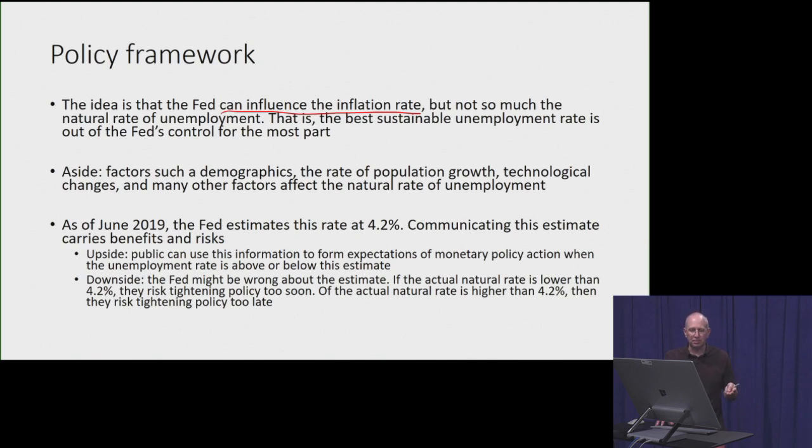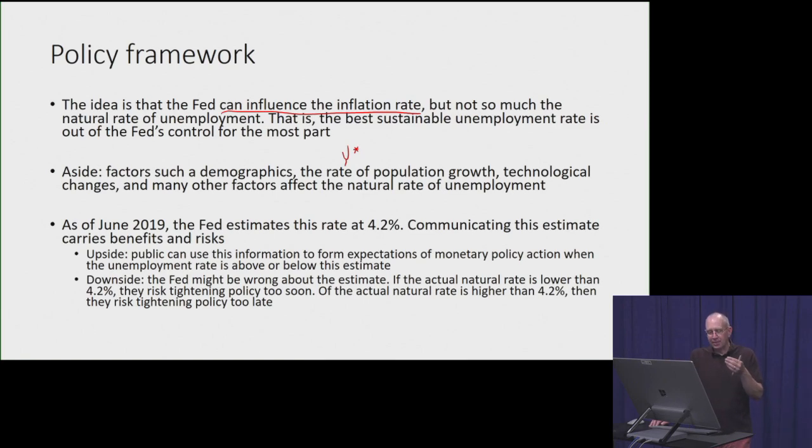So for example, what we're talking about here would be sort of Y star in the aggregate demand aggregate supply model. In other words, the maximum sustainable level of GDP. Factors that affect Y star, population growth, technological changes, and so forth, are not very amenable to Fed intervention. And so they freely admit in their statement that they don't try to target this.